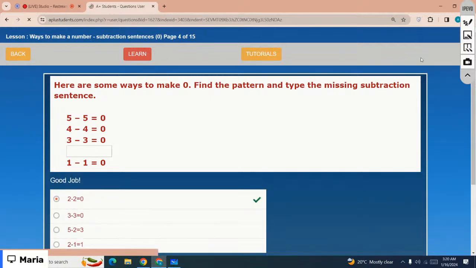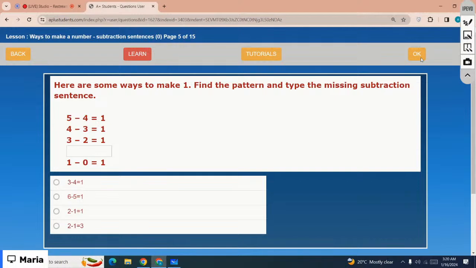Got it? Okay, the next one is: here are some ways to make 1. Find the pattern and type the missing subtraction sentence. So which is the correct option?